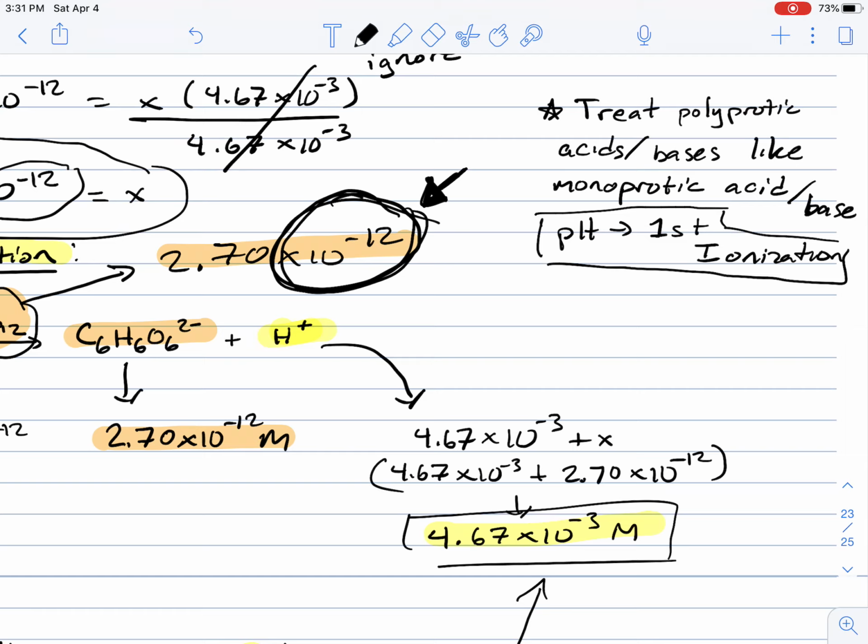And we can go ahead and conclude that the concentration of the anion is equal to Ka2 or Ka3 if you have a triprotic acid.